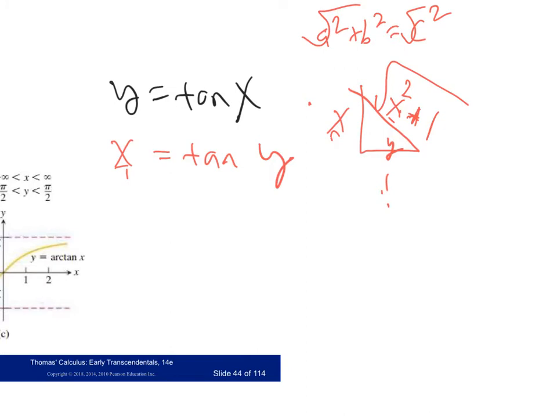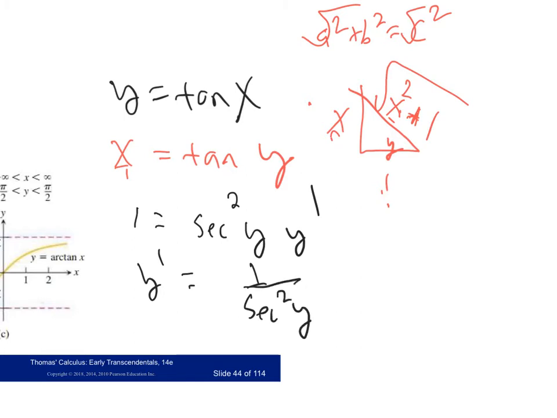Here goes. Derivative of x is 1. Derivative of tangent is secant squared of y. Chain rule, y prime. Y prime is 1 over secant squared y. Secant is the reciprocal of cosine.